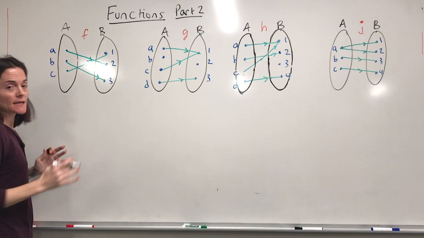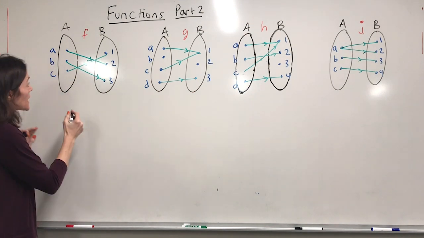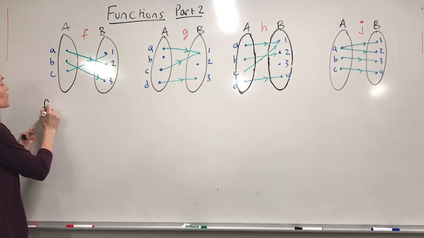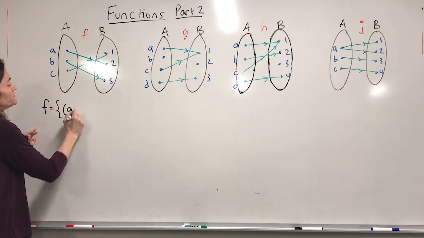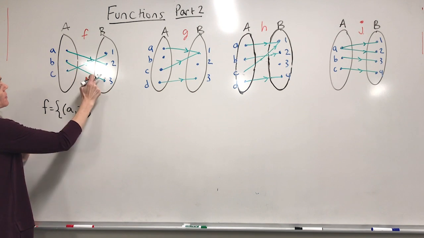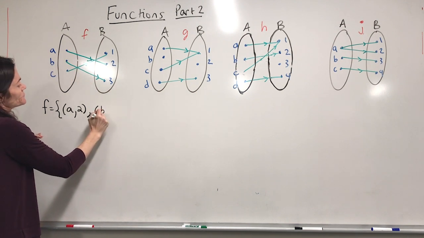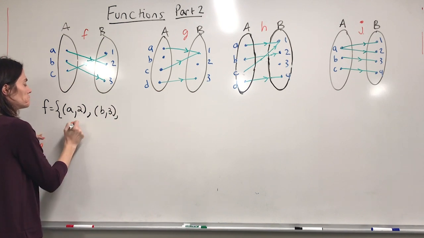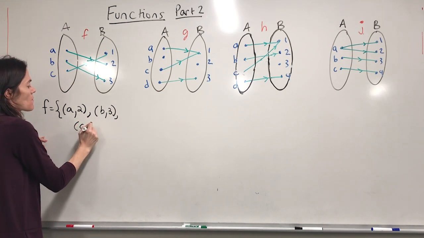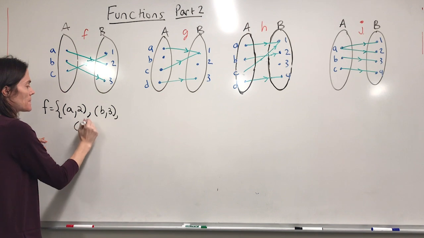On this one, I think there's a glare when I was looking through the camera, so let us write the ordered pairs. A relates to 2, B relates to 3, and C relates to 1. Oops, open parenthesis.